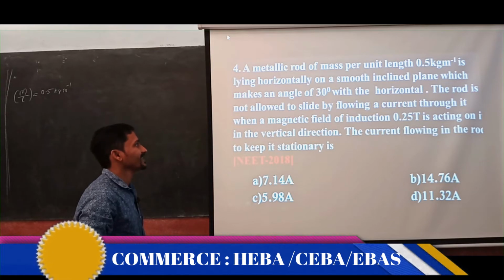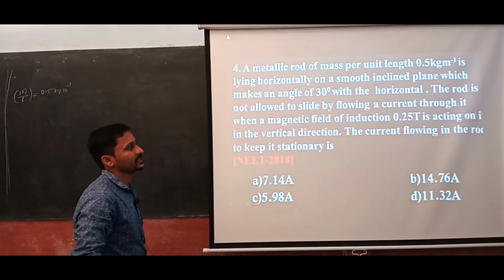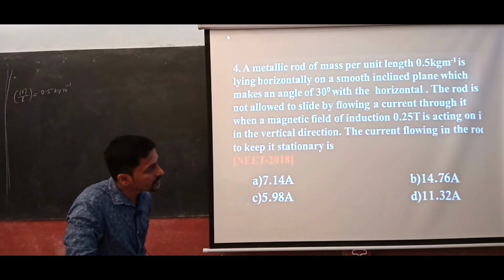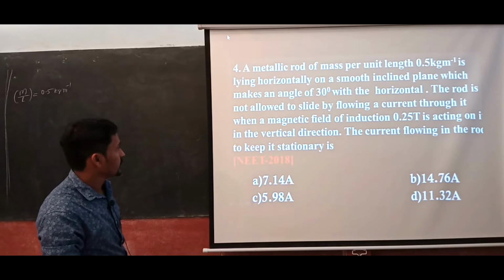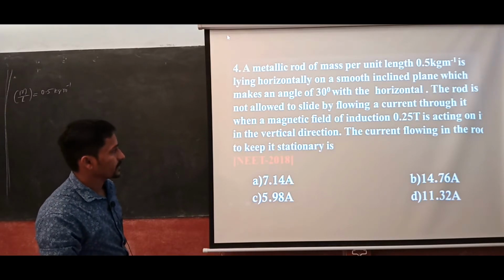The rod is not allowed to slide by flowing a current through it when a magnetic field of induction 0.25 Tesla is acting on it in the vertical direction.